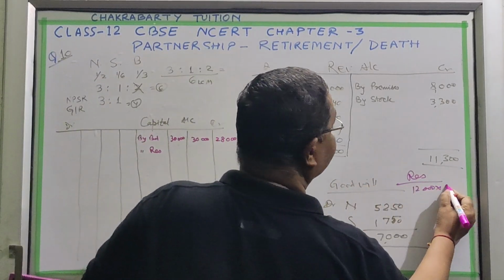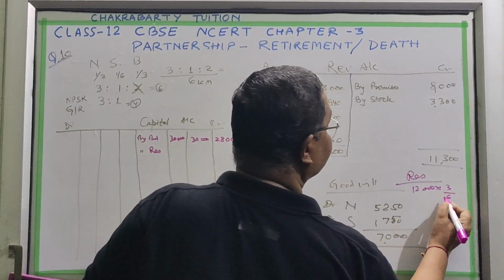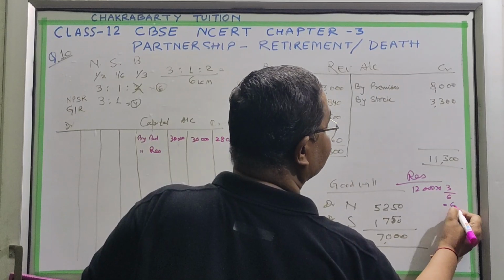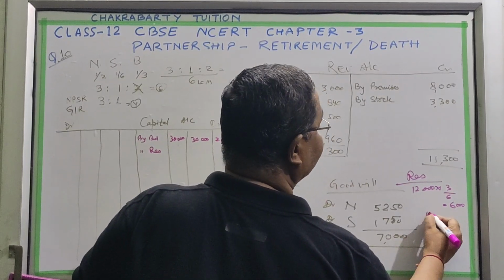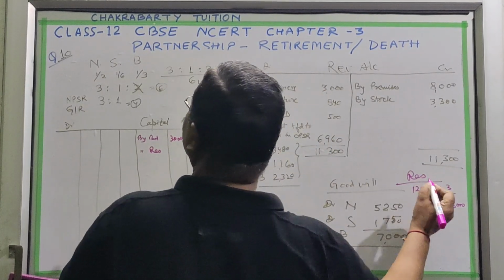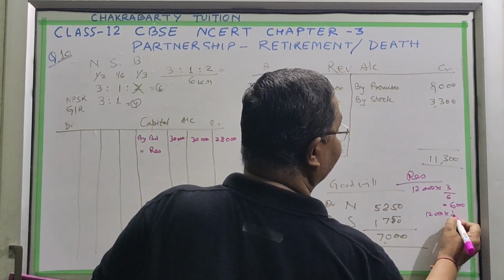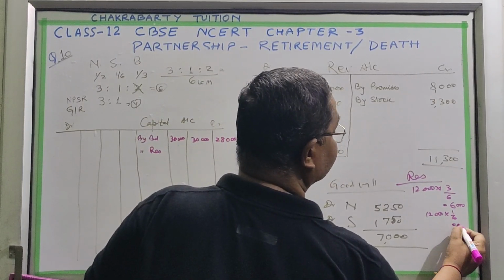So 3/6 is 6,000. Another is 1/6, so it will be 2,000.